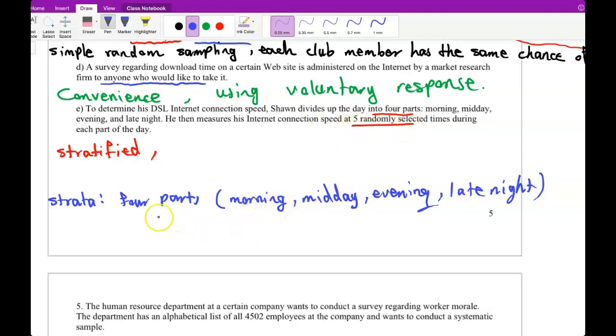Then from each one, he has 5 randomly selected times. For example, we can have 7 a.m., 8 a.m., 9, 10, 11, just like that. So from each one we have 5.